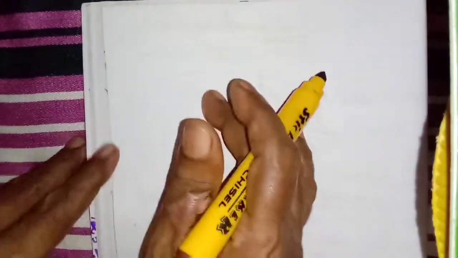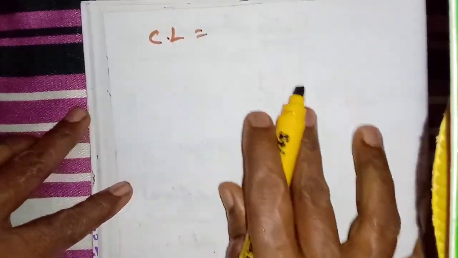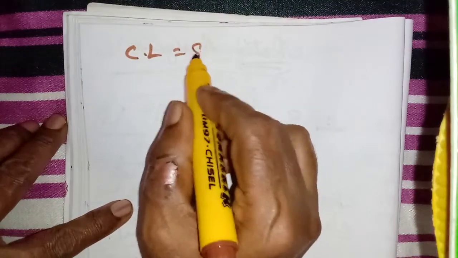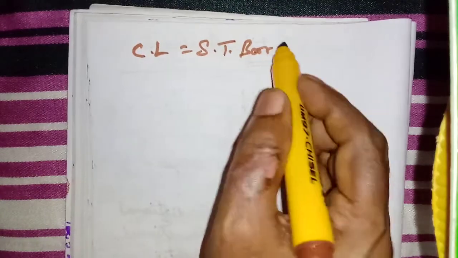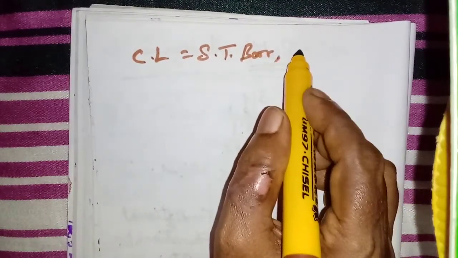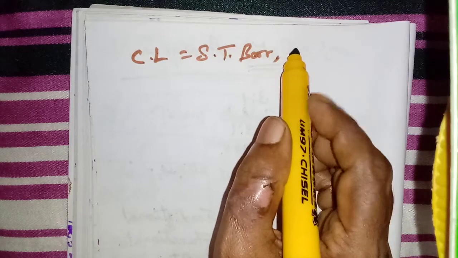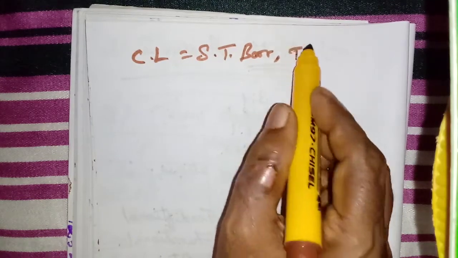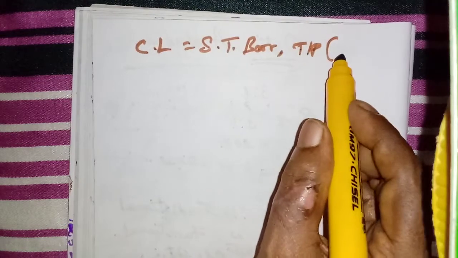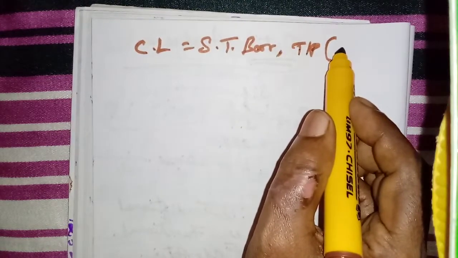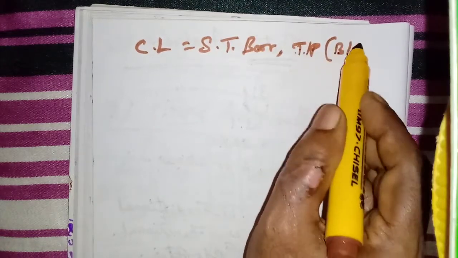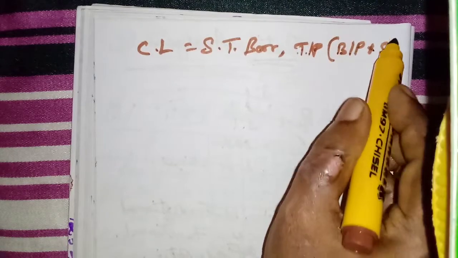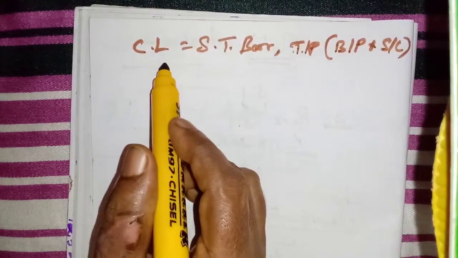Then what are current liabilities? Current liabilities mean short-term borrowings, that means the loan that we have borrowed from the bank, short term. Within 1 year we will pay, not long-term borrowings. Then trade payables. As with trade receivables, where we added bills receivable and sundry debtors, here trade payables means bills payable and sundry creditors, these two together.